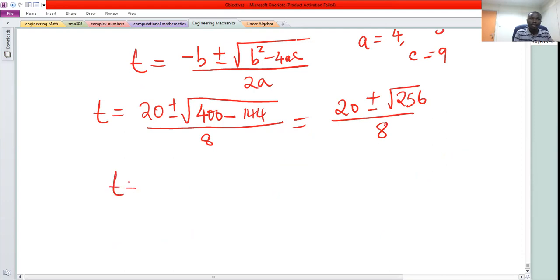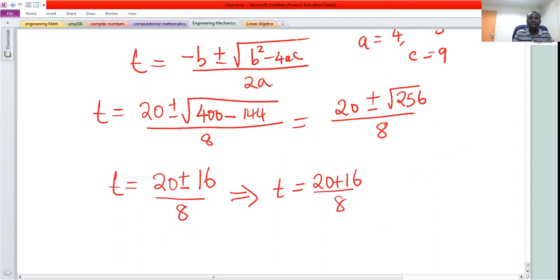So t equals to 20 plus or minus square root of 256 is 16, divided by 8. So it tells us that t equals to 20 plus 16 over 8, or t equals to 20 minus 16 over 8.